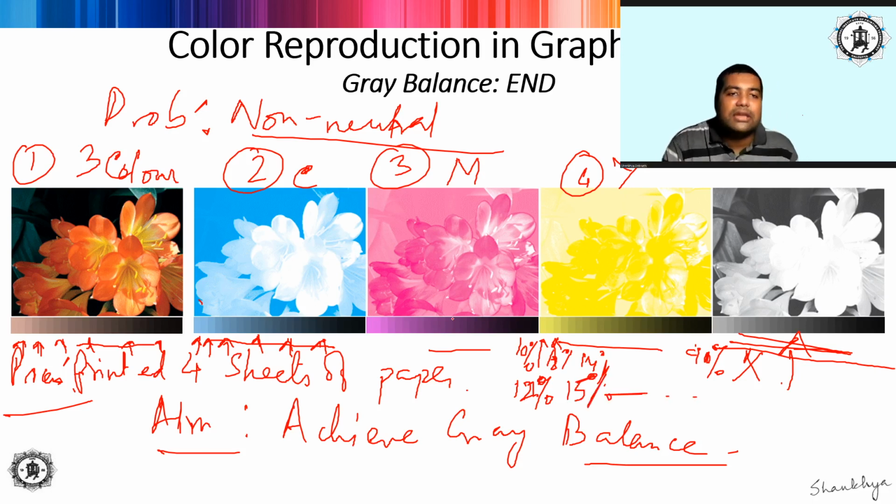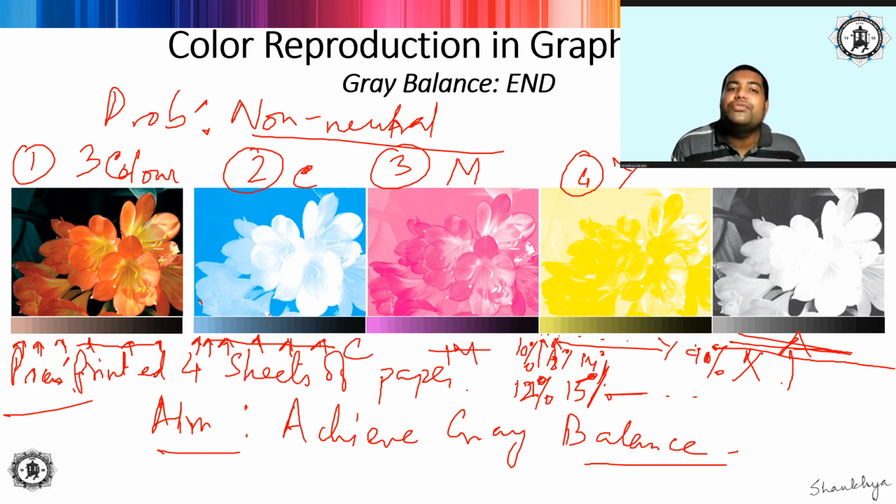So there was dot gain. We have to measure using our dot percentage reader how much dot percentages are actually being printed in each of the color patches within the grayscale of each of the press sheets, right? So we have to simply measure the dot percentage of each of these patches for the yellow sheet, for the magenta sheet as well as for the cyan sheet.